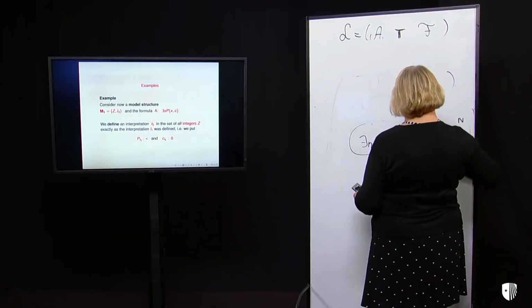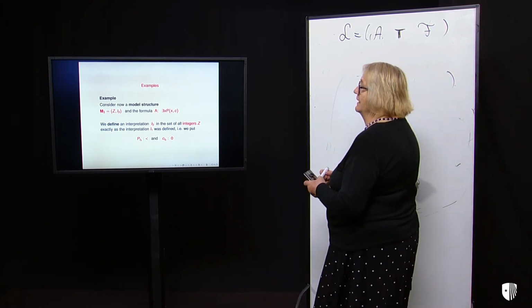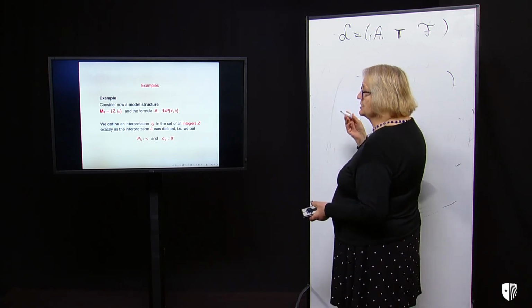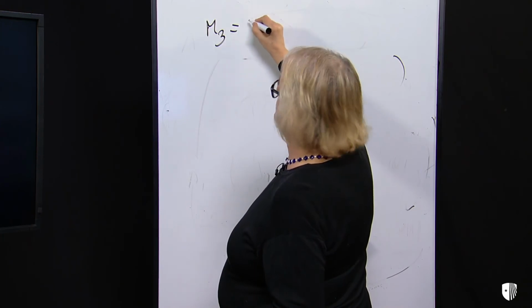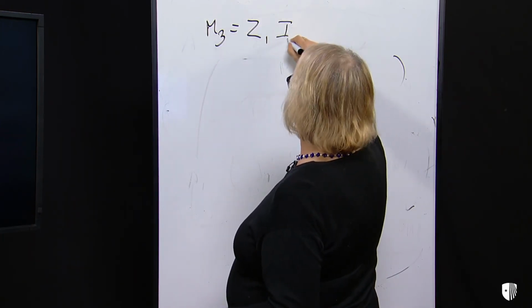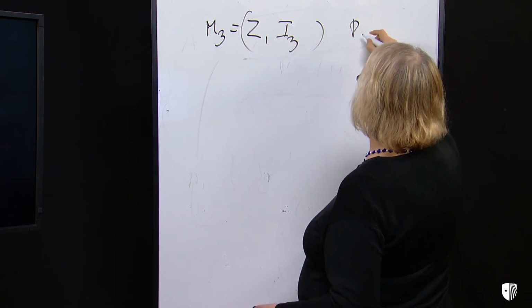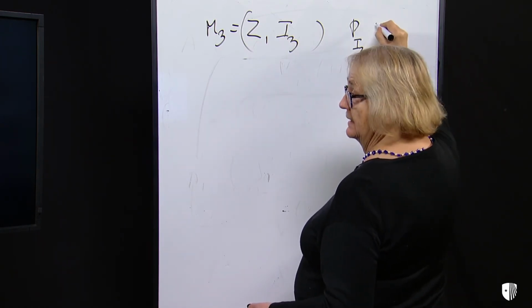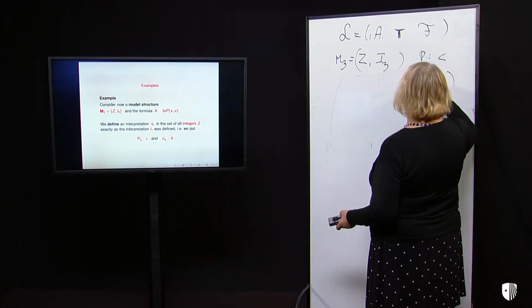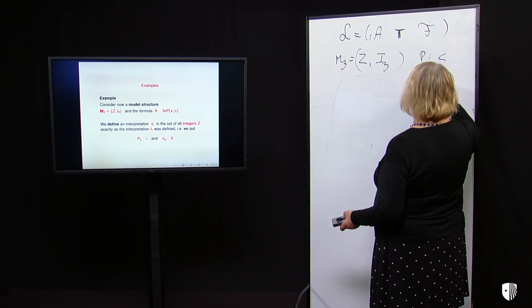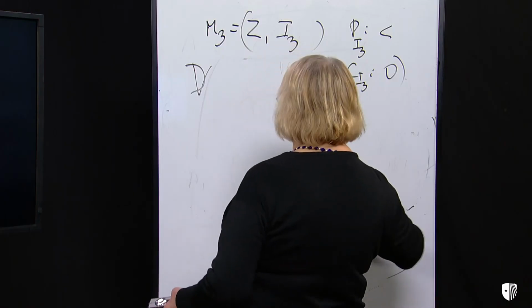Because you have the same model structure: M3 is Z, P is less, and C is 0, and I have a statement, there exists x, P(x, c).